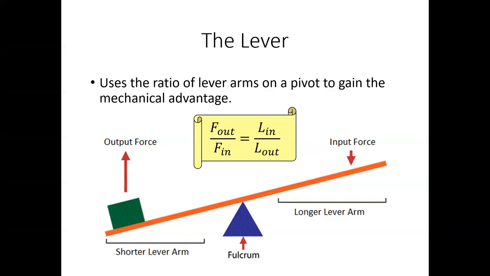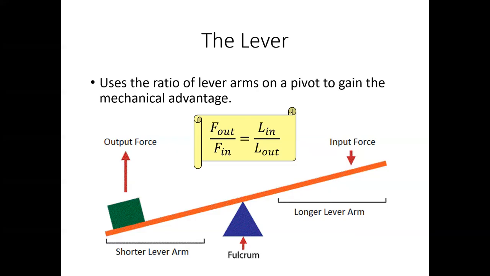It's going to be lifted up a lot higher. You have to push it down over a longer distance in order to lift the heavier green box a shorter distance up.